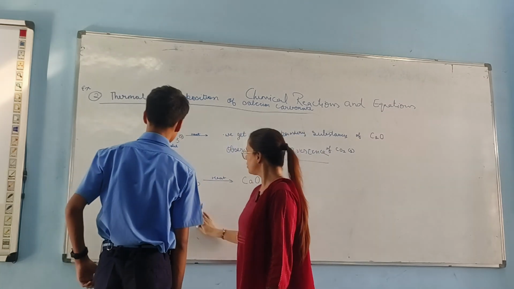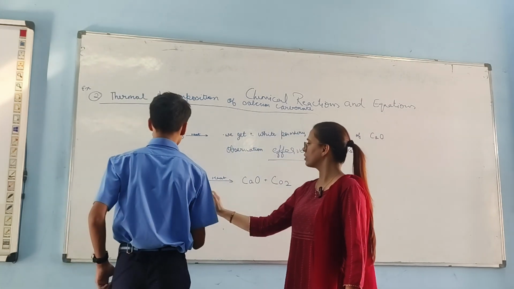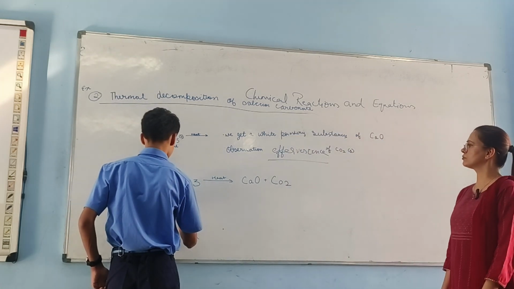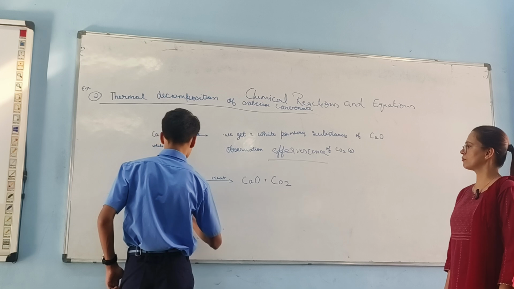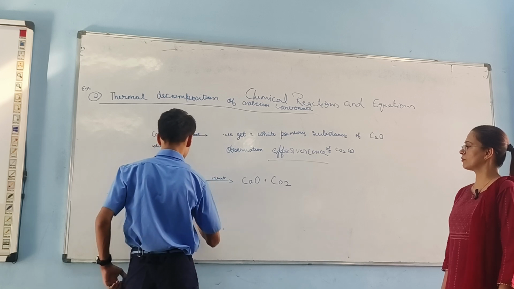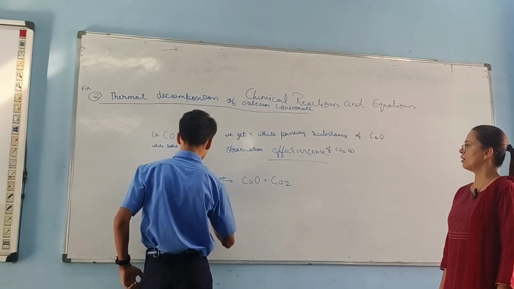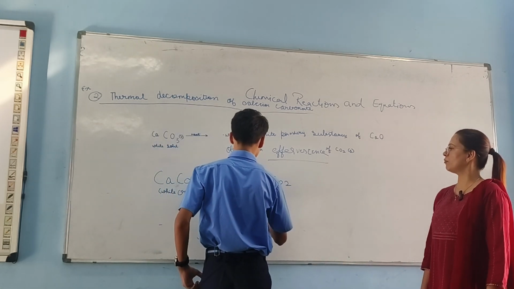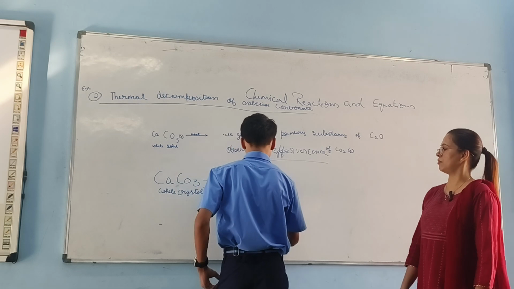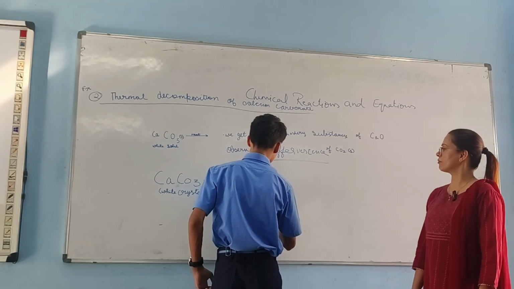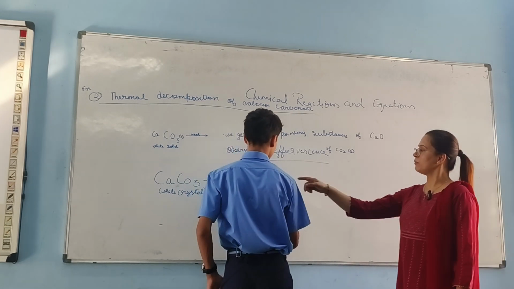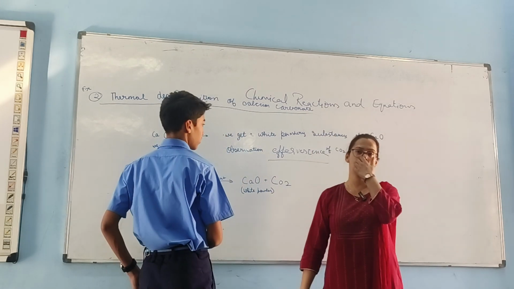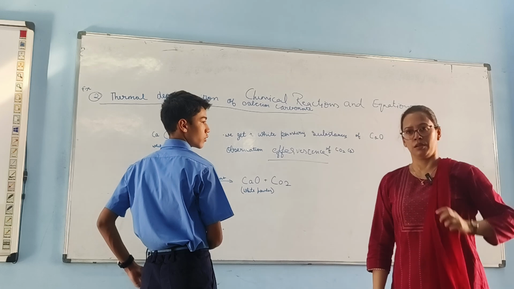Okay. So what was the color here? Write down. This is white crystal. This is white. Yes. Now tell me, CaCO3 is also called limestone.